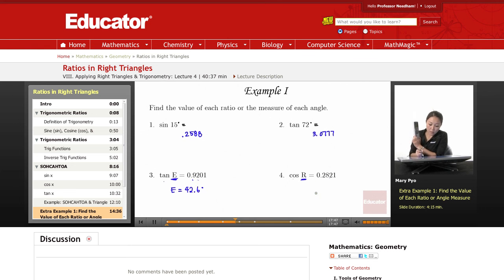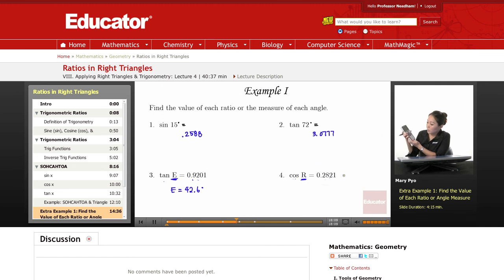Now, this number is not the angle measure, but because you punched in cosine of this number, the calculator would assume that this is the angle measure. And so it's going to give you the answer as if this were the angle measure.